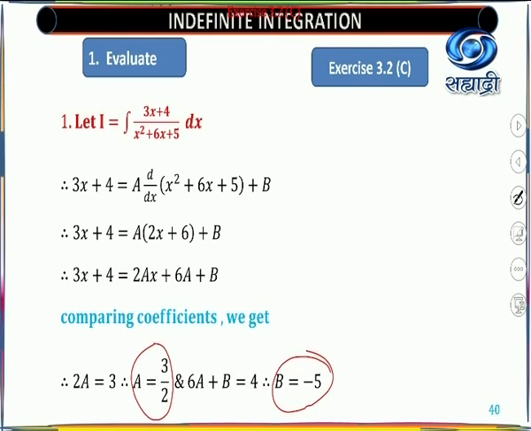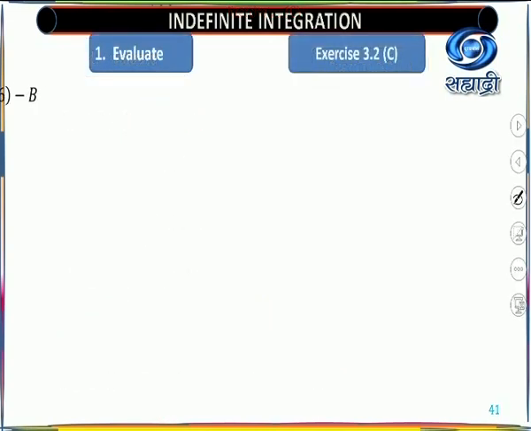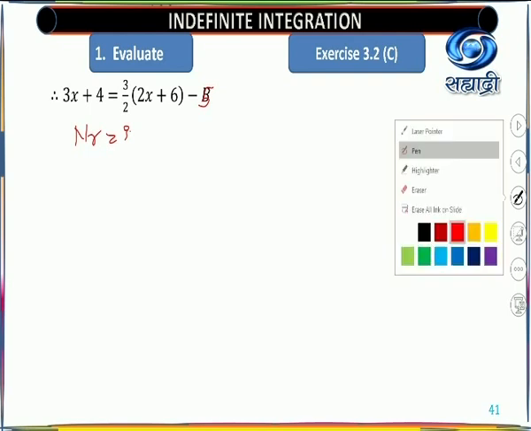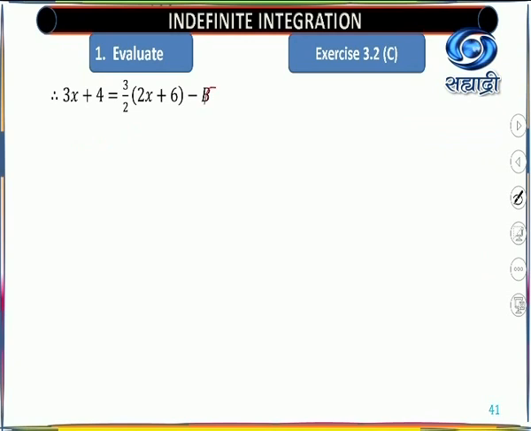Now once you have the steps, you need to substitute. By substitution you will get 3x plus 4 equal to 3 by 2, because the numerator equals a, whose value is 3 by 2, times the derivative of the denominator, plus b, and b is minus 5. So we need to substitute here.